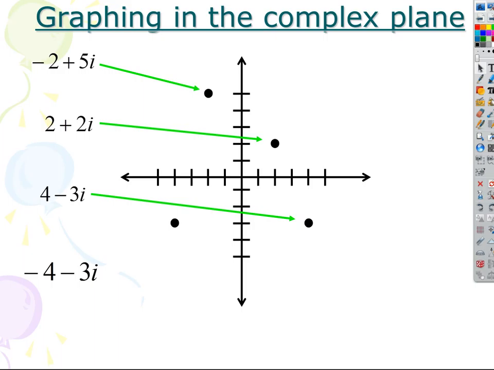So how do you make a direct comparison? Well, you just compare how far those points are away from the origin in the complex plane. In other words, how long would the vector be that represented those, right? I can think of each of these, like for example, this number -2 + 5i, I can write as a vector, just meaning an arrow, whose tail starts at the origin and the tip ends at the point.